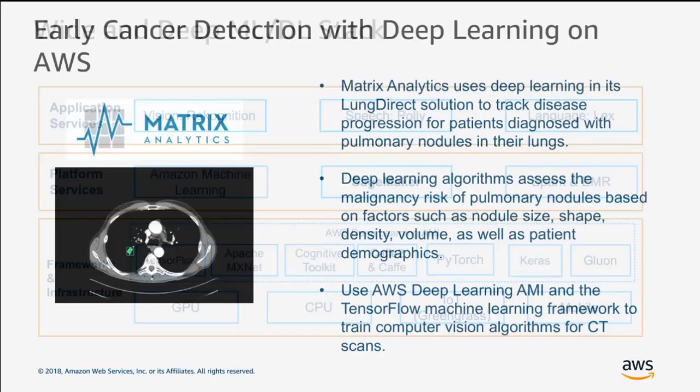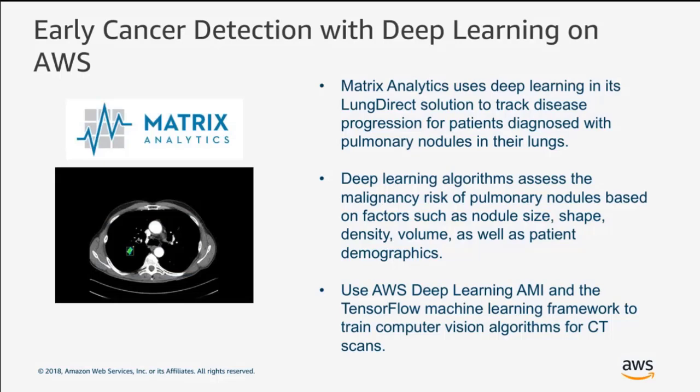And we've had a few places take advantage of a lot of the services that are offered. One of them is Matrix Analytics, which is able to do early cancer detection using deep learning on AWS. The interesting thing about it is that they're able to detect cancer at a level that was previously very hard to ascertain given existing imagery and diagnostic techniques.